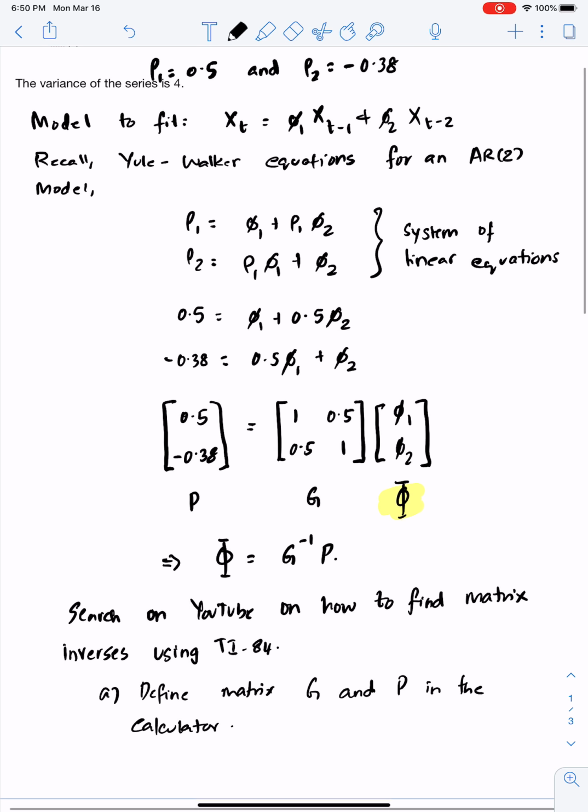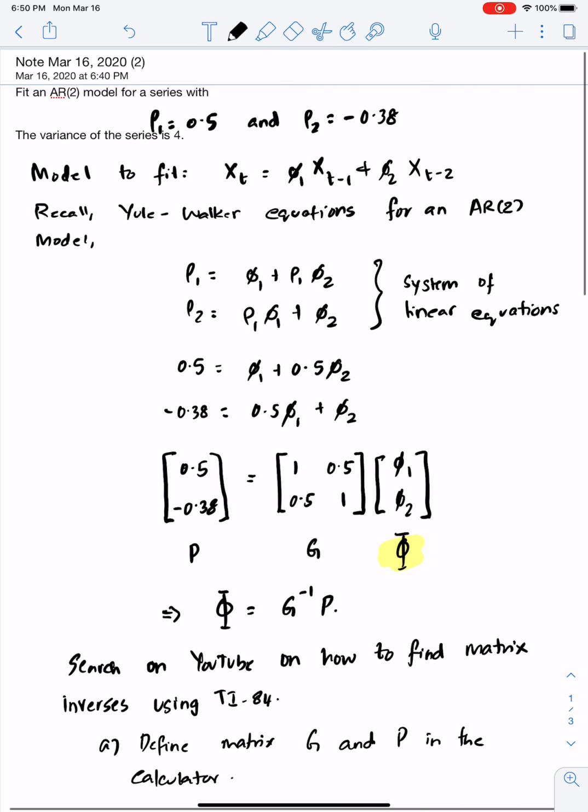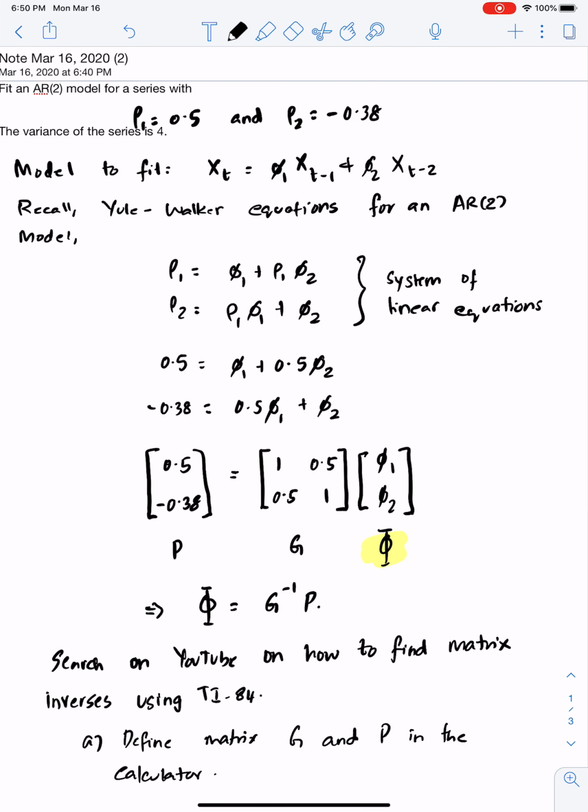The key steps here would be to recognize the Yule-Walker equations, which have this standard format. You have 2 equations. It forms a system of linear equations.